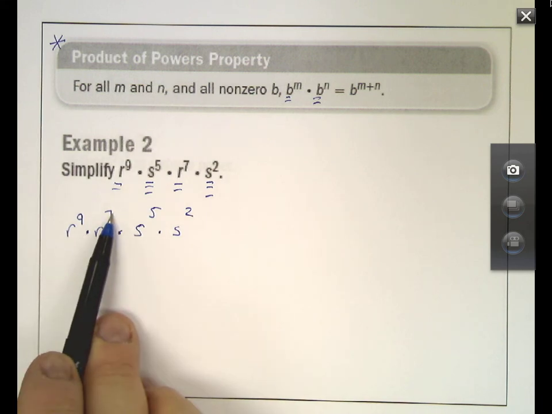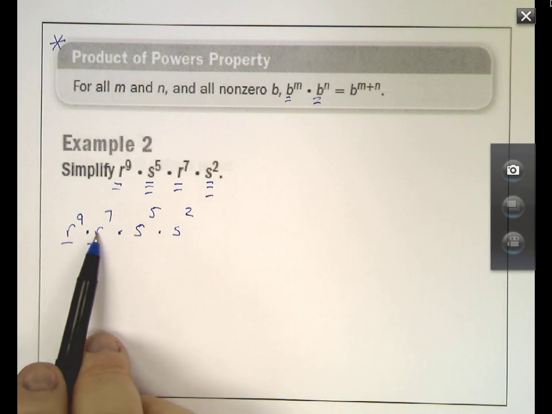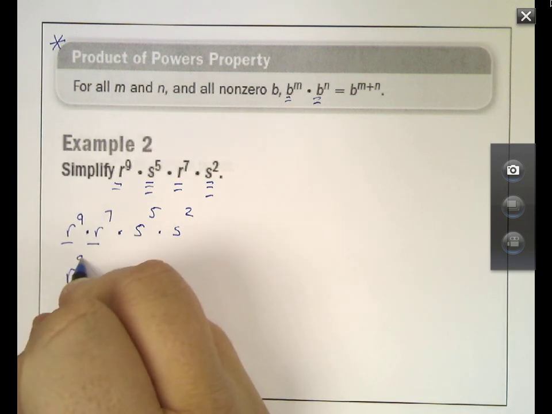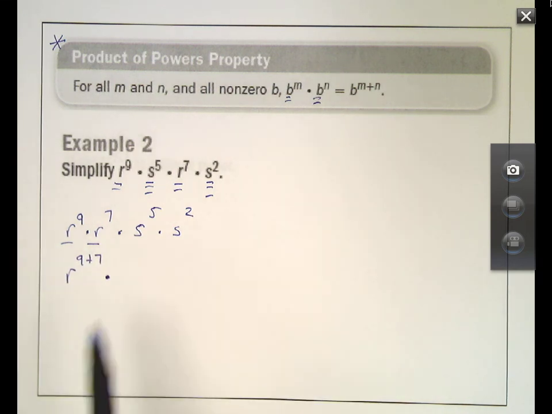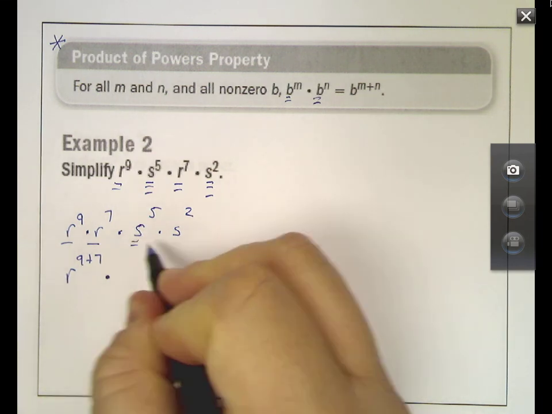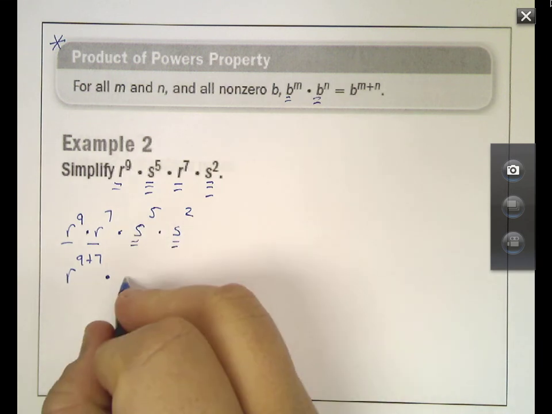Well, r to the 9th times r to the 7th, notice same base. If they share the same base, you add the exponents. So r to the 9 plus 7. Over here, s's share the same base, add exponents.